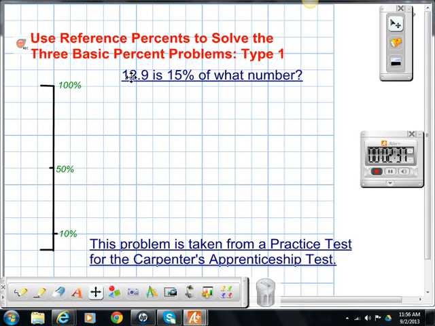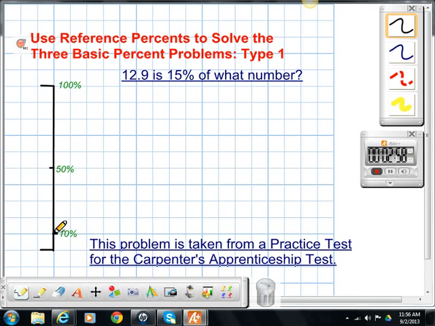In this problem, a reference percent is not given. We're given the number 12.9, but it is equal to 15% of the number. So let's place 12.9. 12.9 is not 10%, so it won't be sitting here.